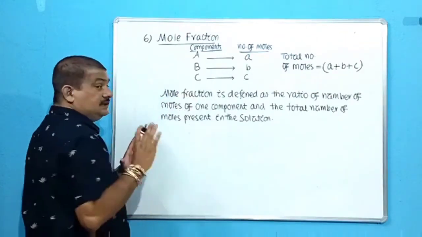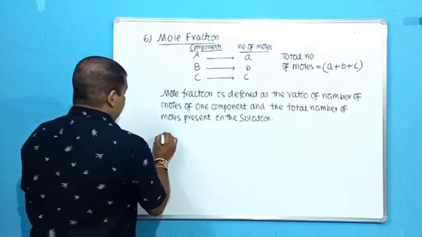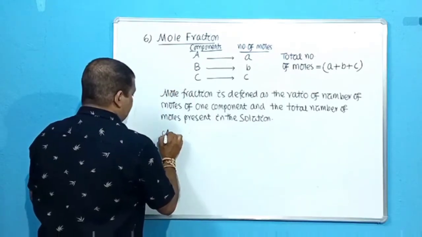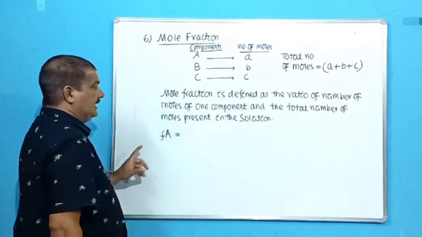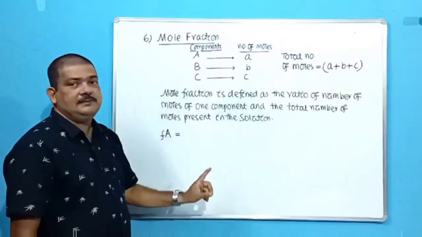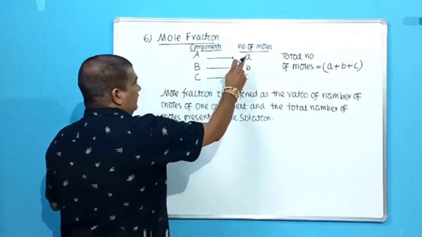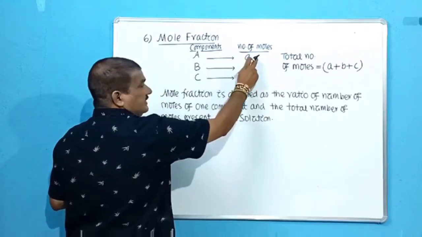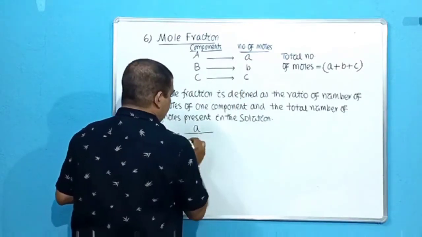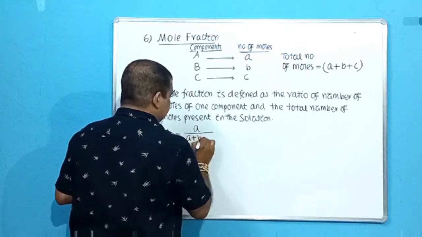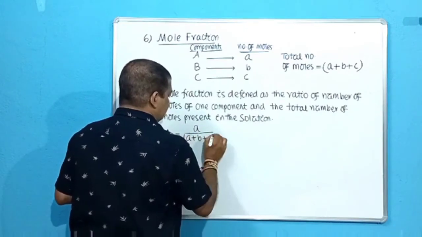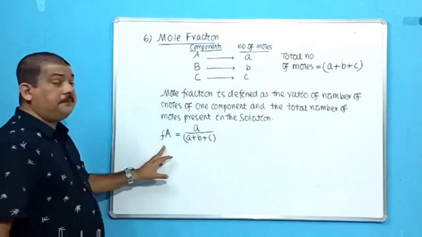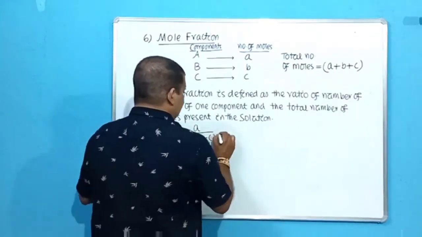So we'll count three different mole fractions. What is the mole fraction of component A? Now number of moles of A divided by total number of moles. What is the number of moles of A? Now A is A moles. So A by total number of moles, that is A plus B plus C. So this is the mole fraction of component A.